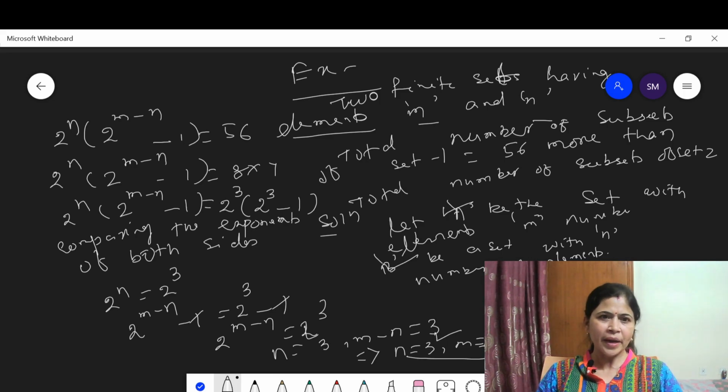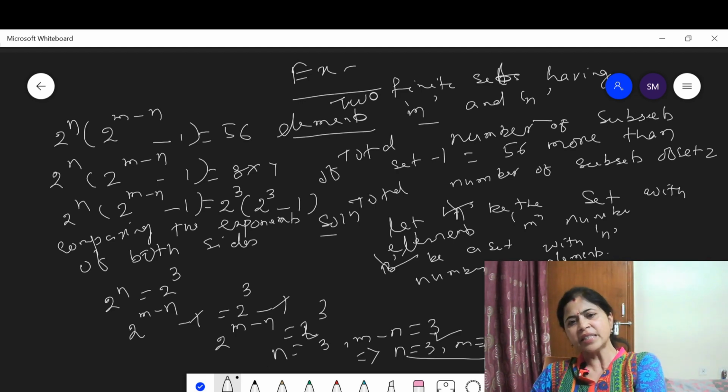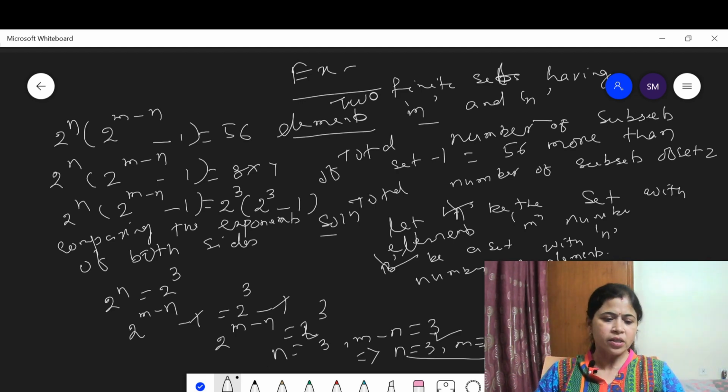Then by comparing the exponents we get 2 to the power n equal to 2 to the power 3 and 2 to the power m minus n is equal to 2 to the power 3, so n is equal to 3 and m minus n is equal to 3. This means m is equal to 6. By solving this example, we come to the conclusion that the value of m is 6 and n is 3.